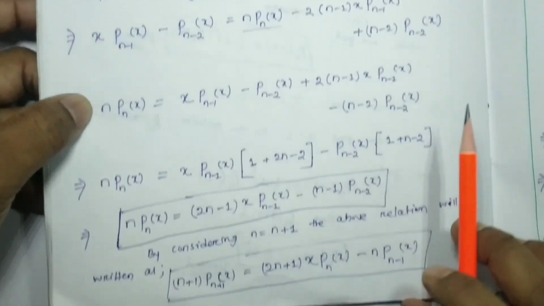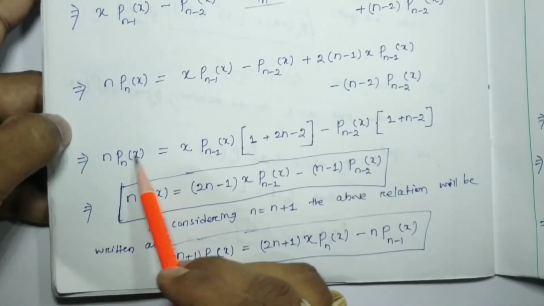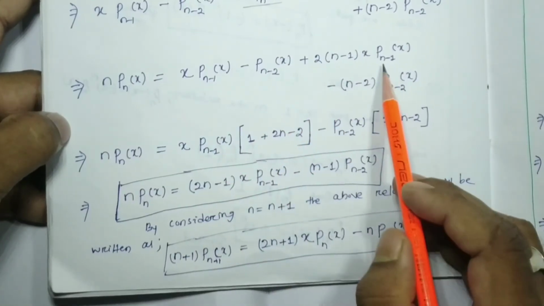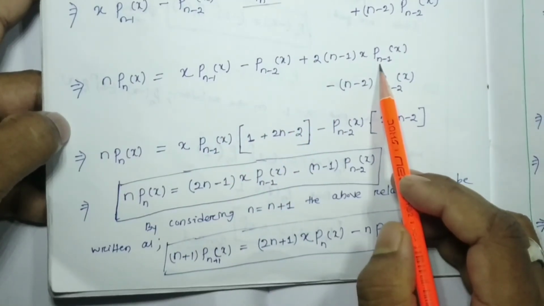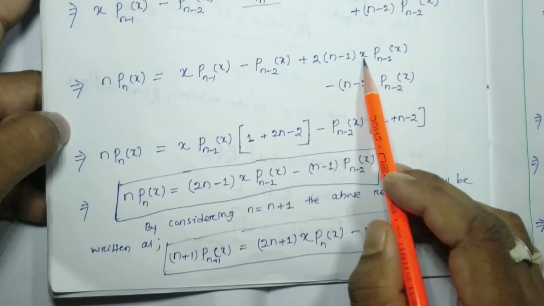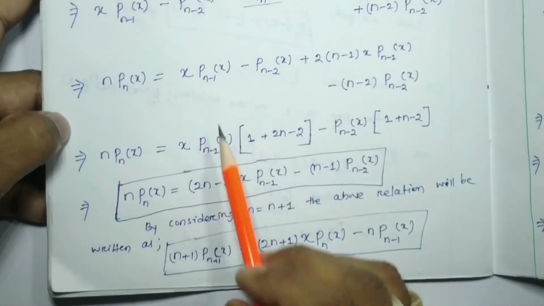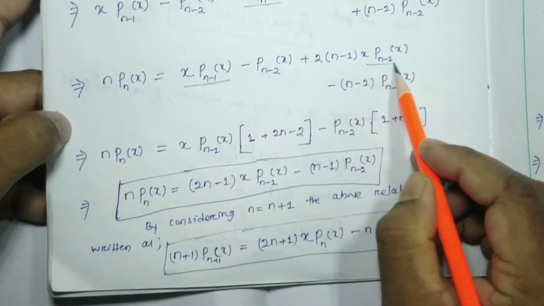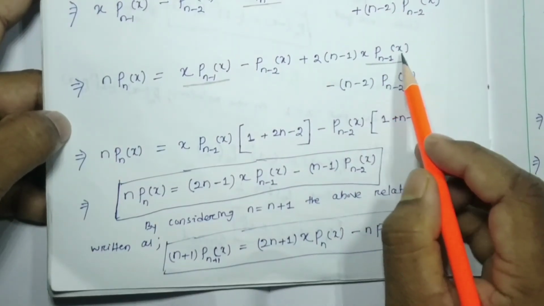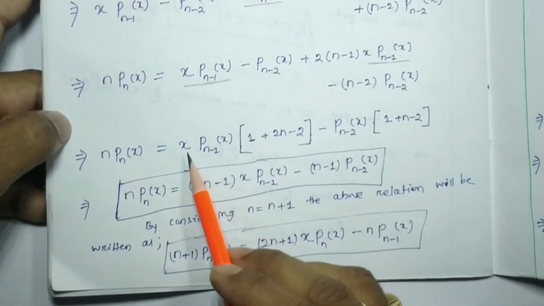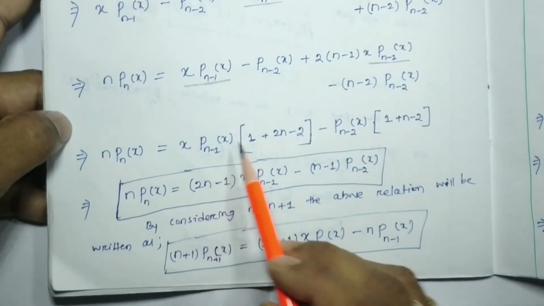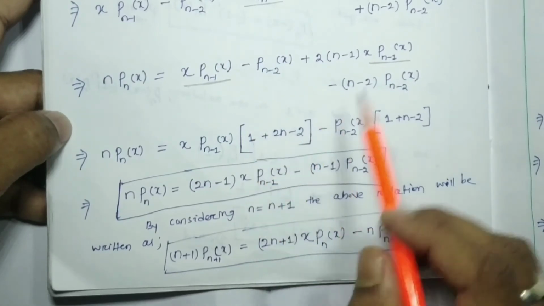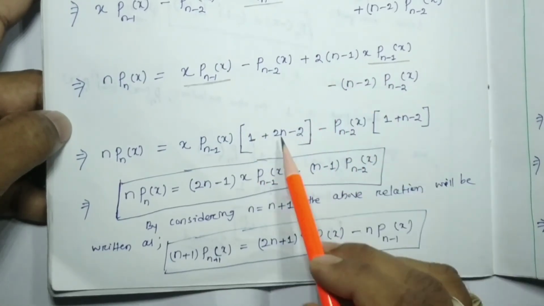Okay, so now n into Pn of x equals: here P n minus 1 and here also P n minus 1 is there. Taking x into P n minus 1 of x common from these two terms, we get x into P n minus 1 of x into 1 plus 2n minus 2.